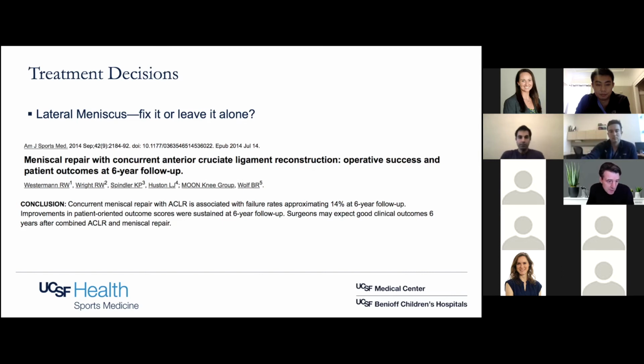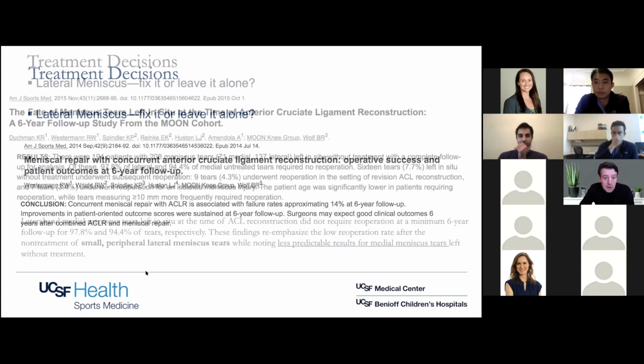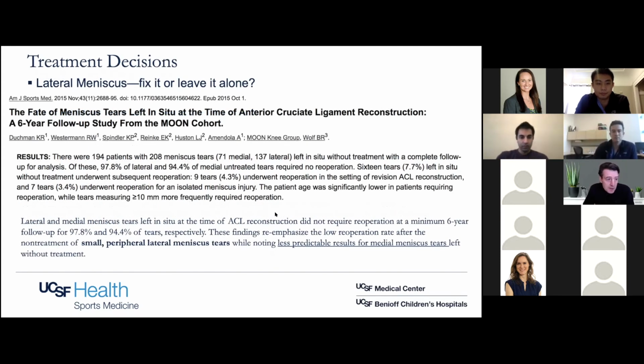You get good results if you do the repair, but there's some interesting data, good data basically, that suggests that if you don't repair lateral meniscus tears, and let's focus, this is very specific, lateral meniscus tear, the Moon group has shown that as long as they're small, they actually can heal.